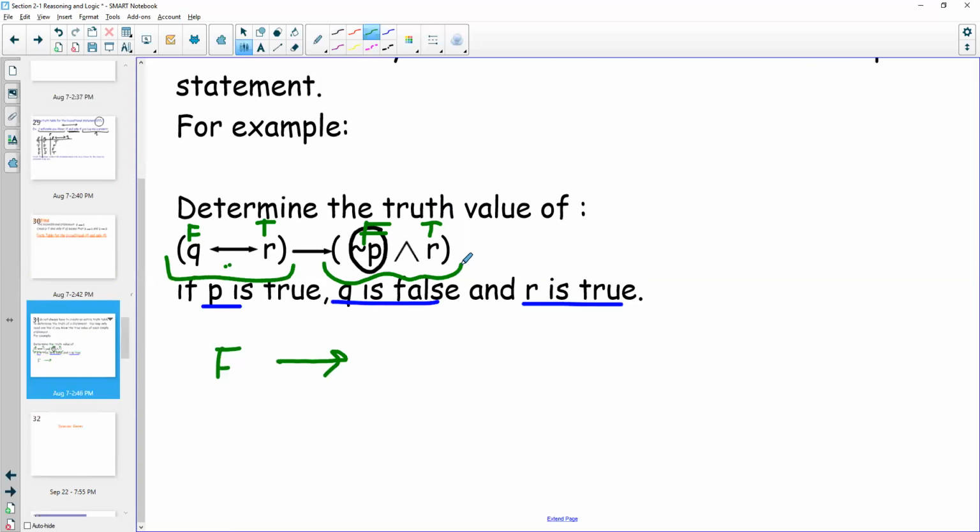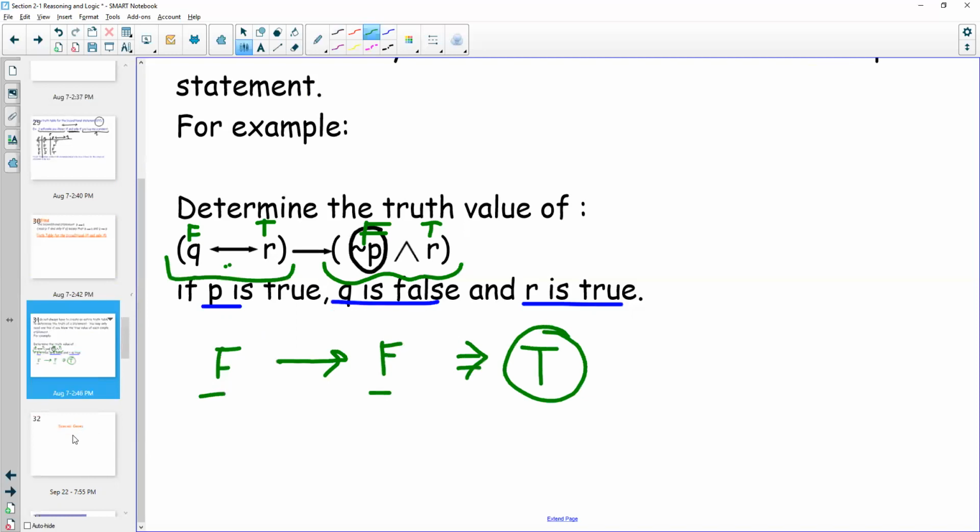Well, the only way for an and to be true is if they're both true. So that's false. But then look what we have last. We have a false if then a false. Well, that's you didn't get an A and I didn't buy you a car. That's true. So the whole thing is true. That's how it works out.